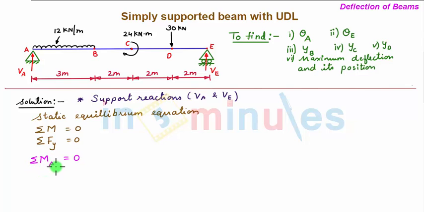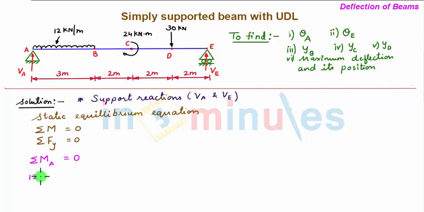Now writing the equation of moments about point A, our sign convention is clockwise moment is positive, anti-clockwise is negative. So from point A we have a clockwise moment due to this UDL of 12 kN per meter acting for a distance of 3 meter. There will be a point load whose magnitude will be 12 multiplied by 3, acting at a distance of 1 by 2 of this 3 meter.